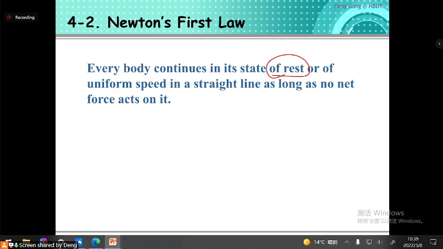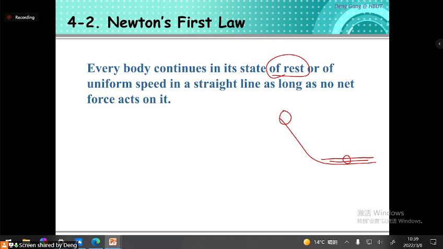His experiment was like this: a slope, and a ball falls from the slope, and he changed the substance here from very rough surfaces like sand, and then switched this part to glass. He found that with sand it can move like here and here, but if we put the glass here, it will move very, very far away.